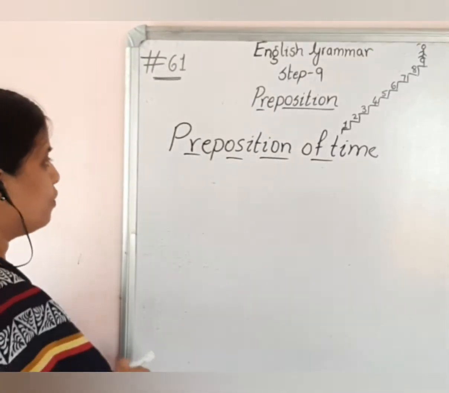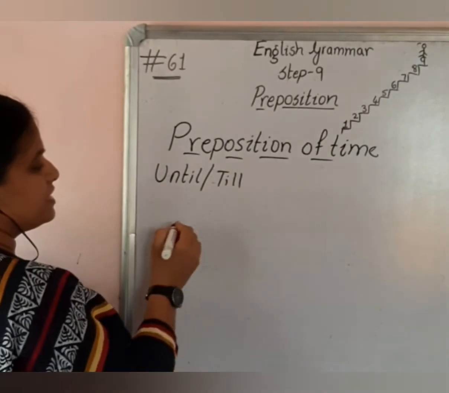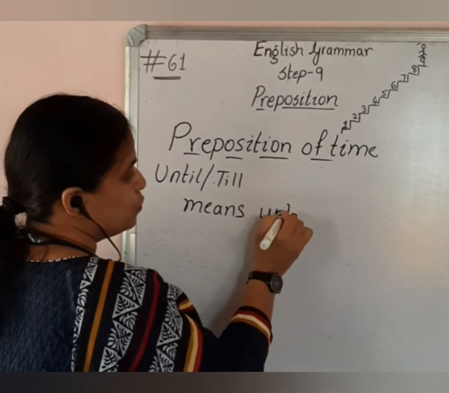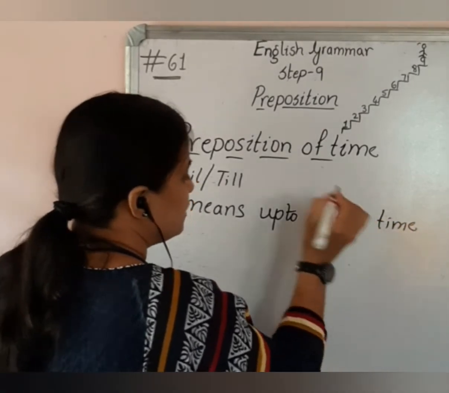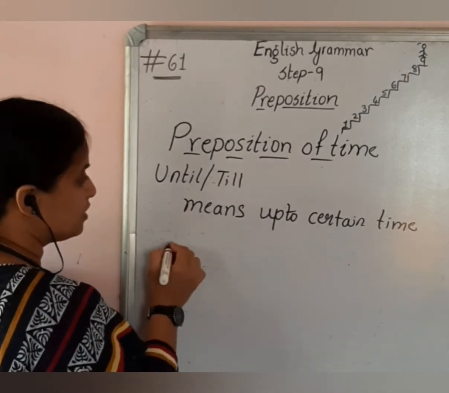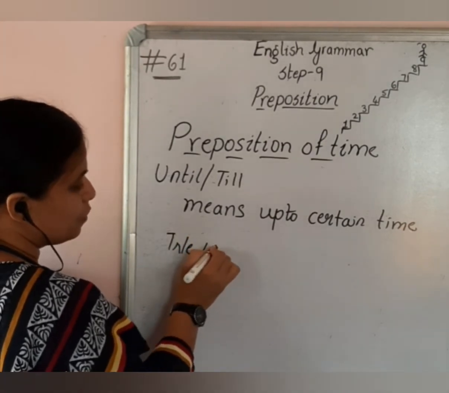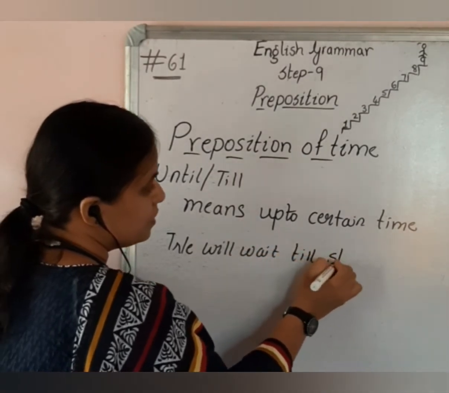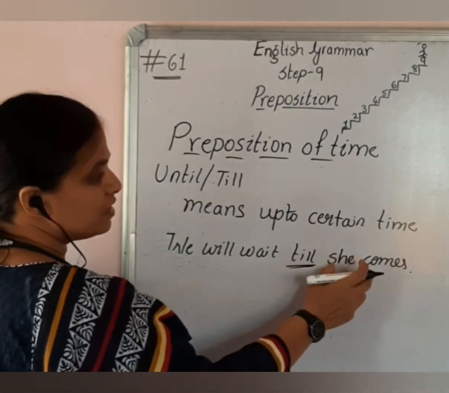So now let's see how or when until or till is to be used in the sentence. What does it mean? Up to a certain time. Okay, up to a certain time it indicates. So let me give you one sentence with this usage so that you will get a clear idea. We will wait till she comes. So you can just see here, till is used to mention up to a certain time.